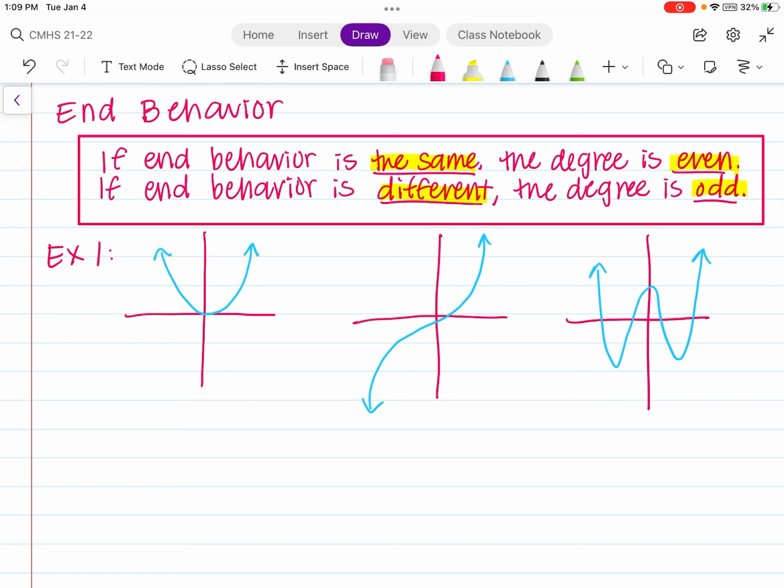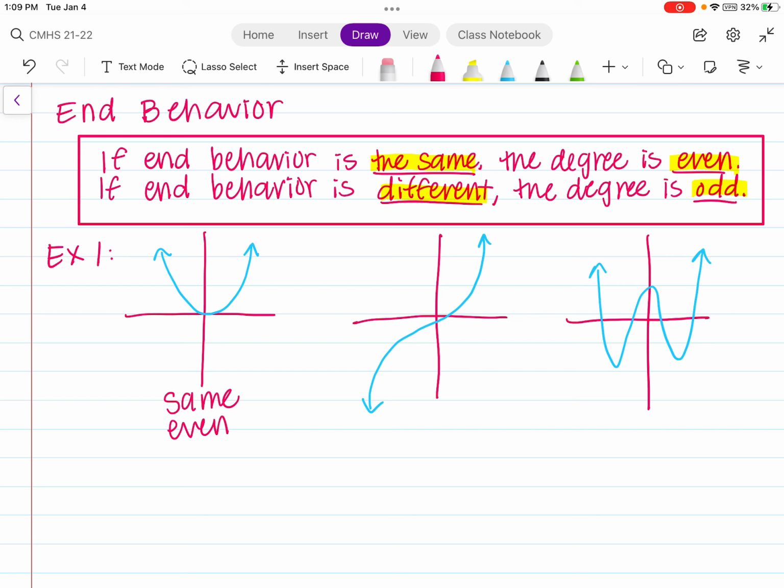So, the first one, is the end behavior going in the same direction, both up, both down, or is it going 2 different directions? Tell your partner, tell a friend. Same direction or opposite directions? It's going in the same direction. Okay, so these are going in the same direction. So the degree, the highest exponent of this, is going to be an even number. It's x squared. We know that because this is a parabola.